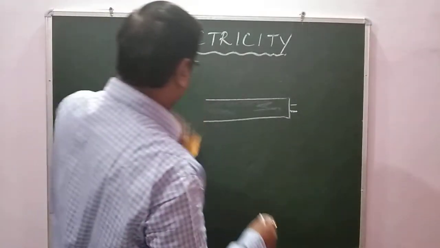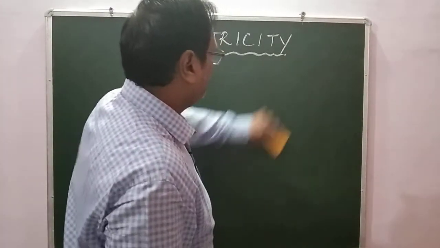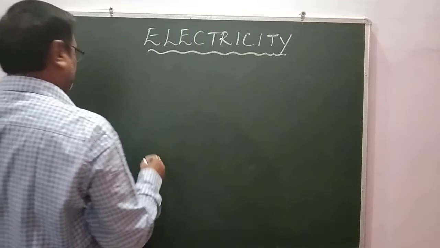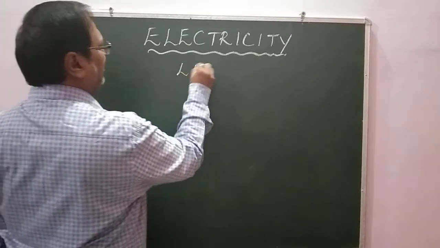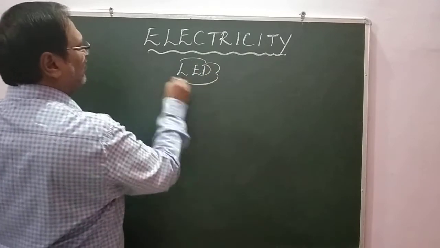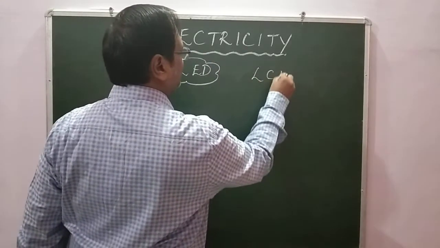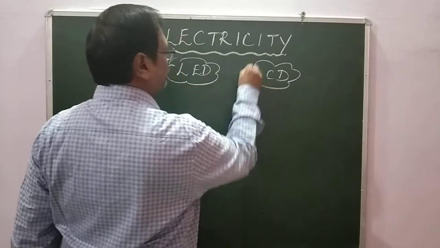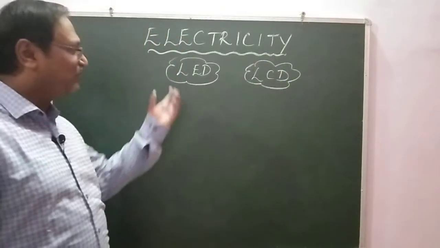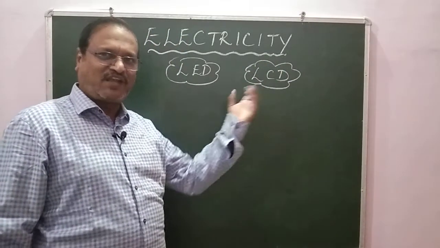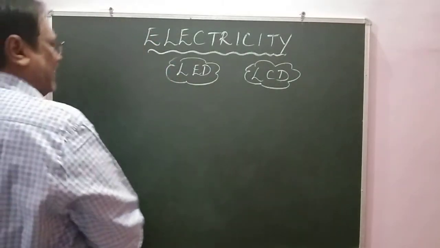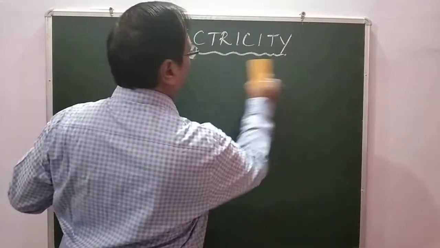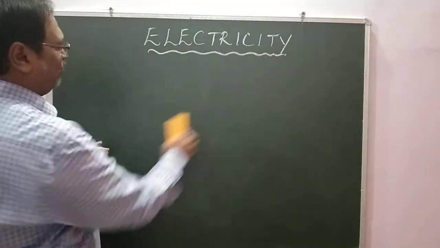And that is also nowadays not in position, and nowadays we use LED or we use LCD bulbs. When you come to higher class, you will learn more about these. Now let me complete with one small diagram. You learn it for today, and in the next video we will continue.